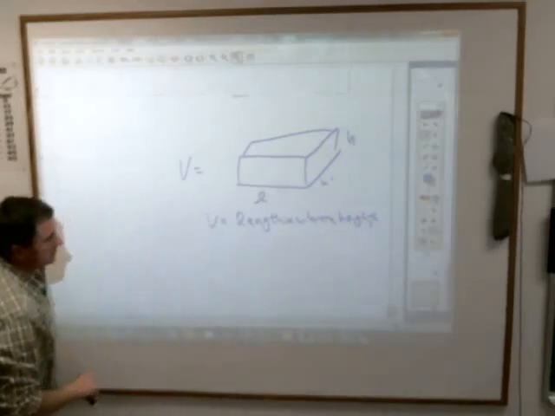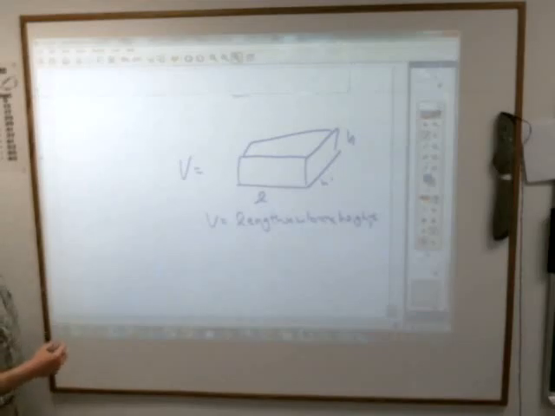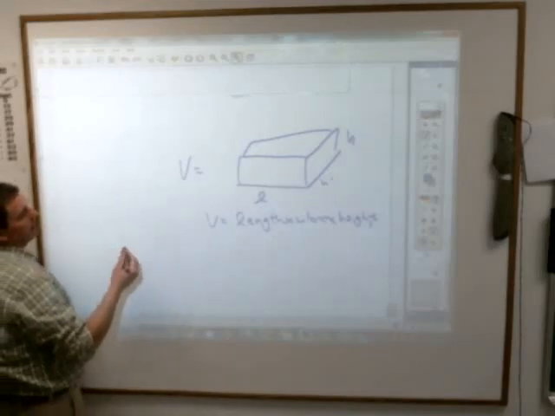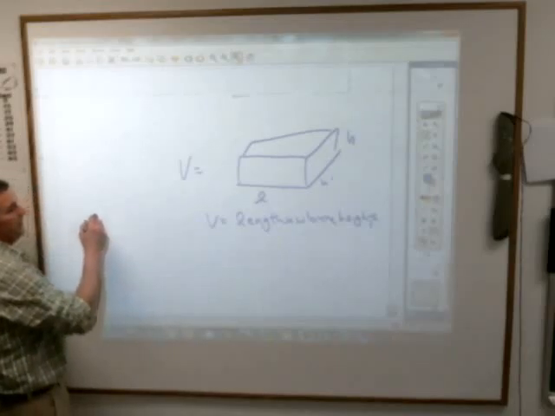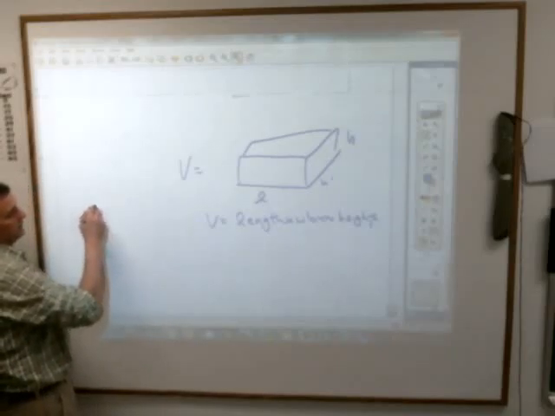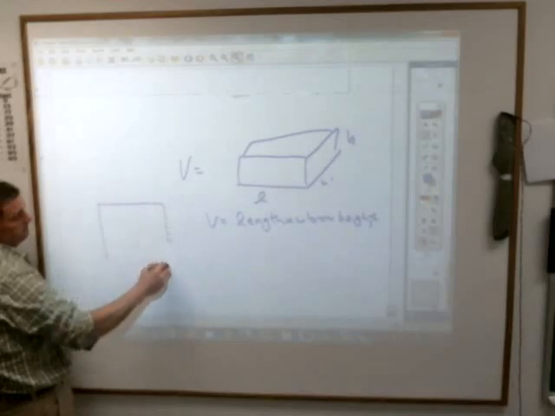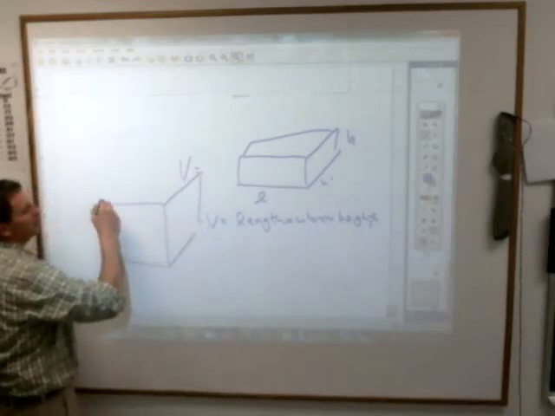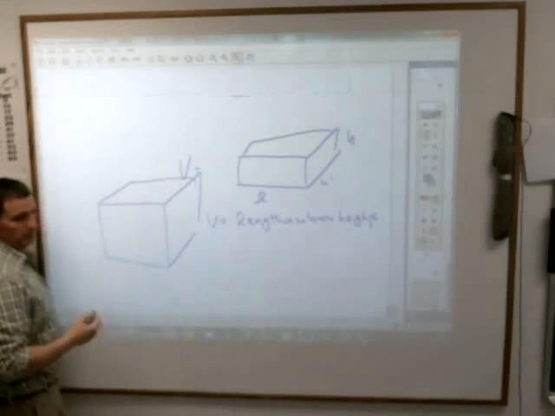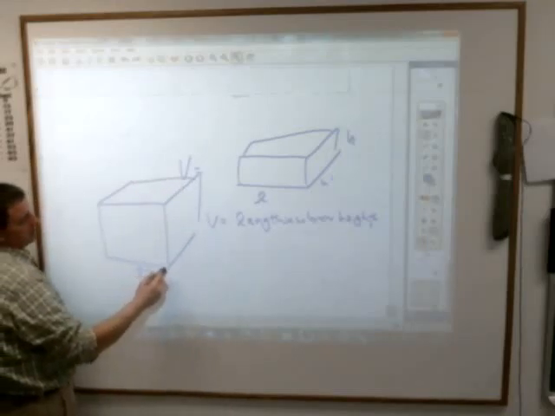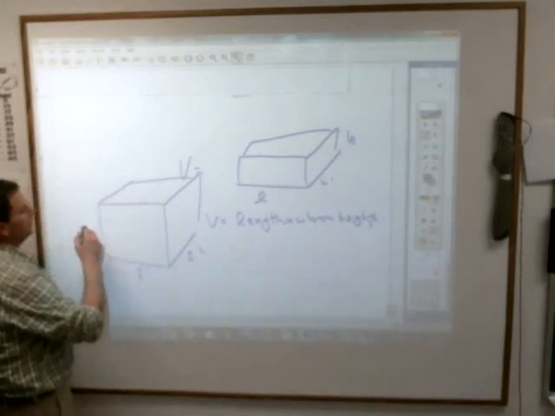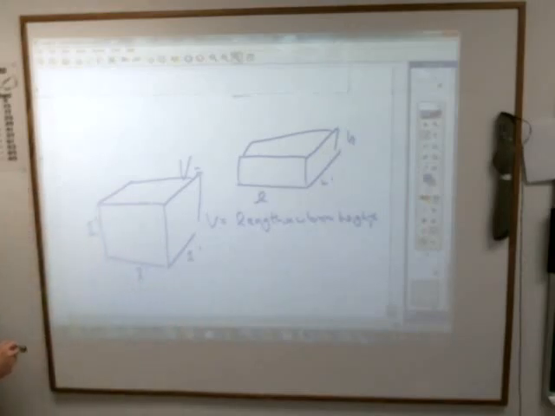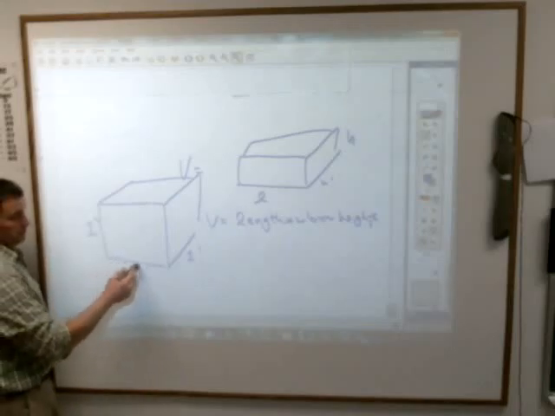Even though you can't read it because my pen isn't showing. Okay. So, if I have a cubic foot, let's say this is my cubic foot. What are the dimensions of my cubic foot in feet? It's 1 foot by 1 foot by 1 foot. Well, if I change those dimensions into inches, a foot is how many inches?